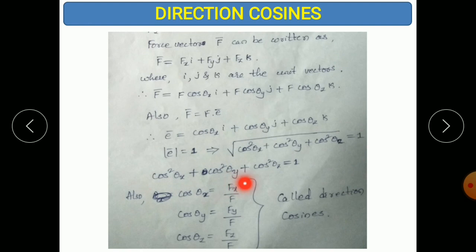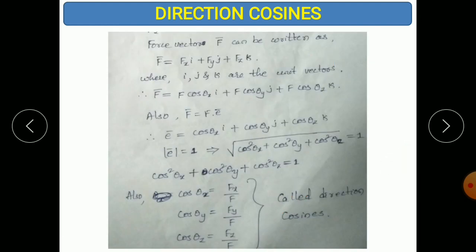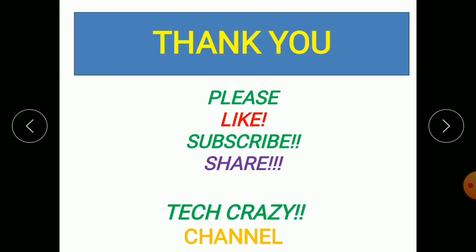And cos theta x, if you take F on this side, is equal to Fx by F. Similarly cos theta y and cos theta z. So these are called the directional cosines, you can say.